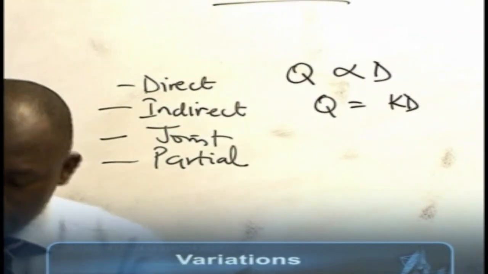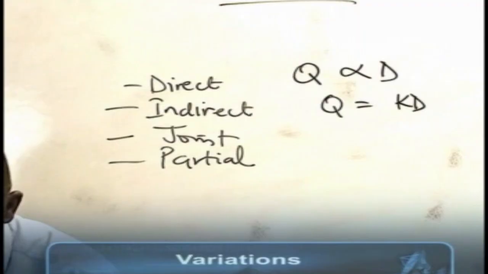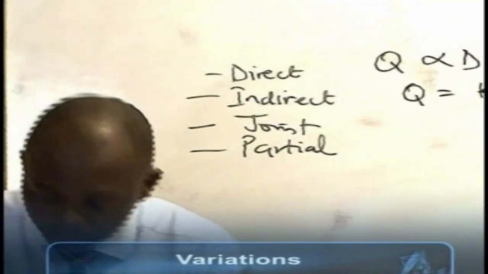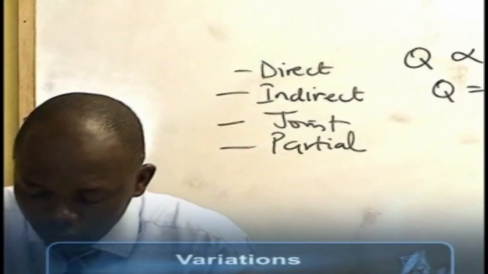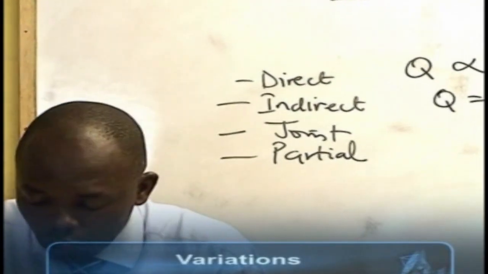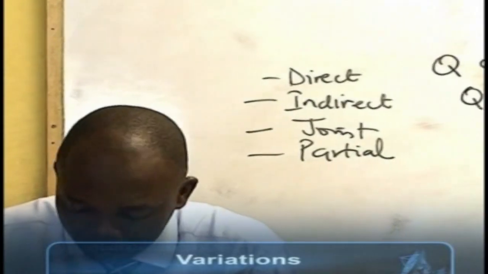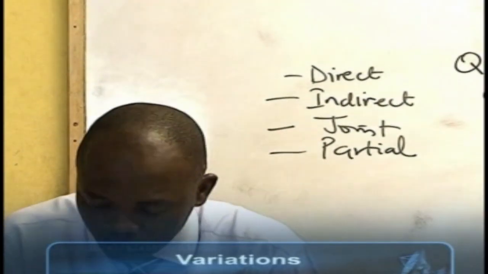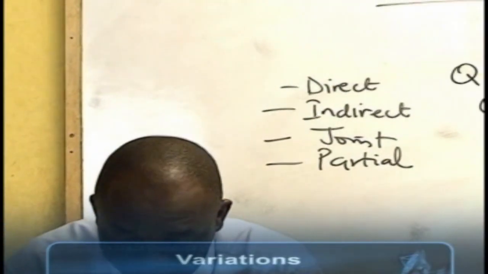Let's take a question. The question says, if P varies directly as R, P equals 10 when R equals 20. Find the law connecting P and R and determine R when P equals 12.5. Again, let's take the question.